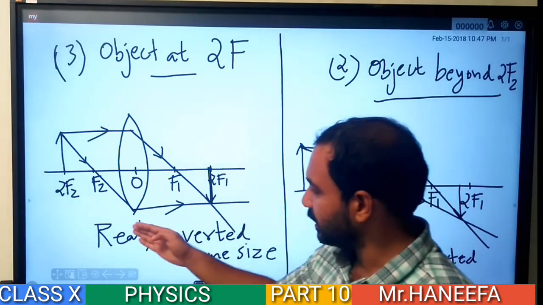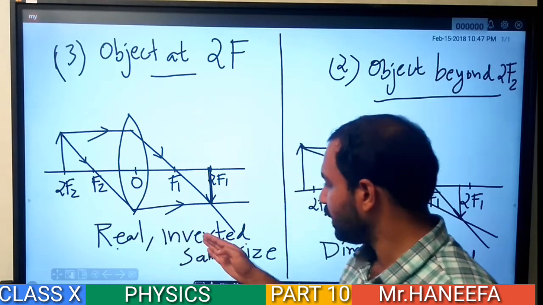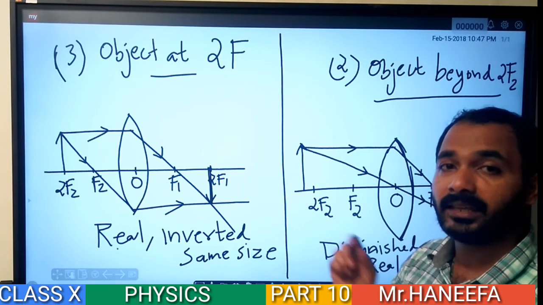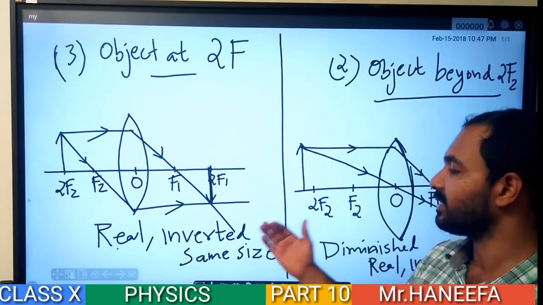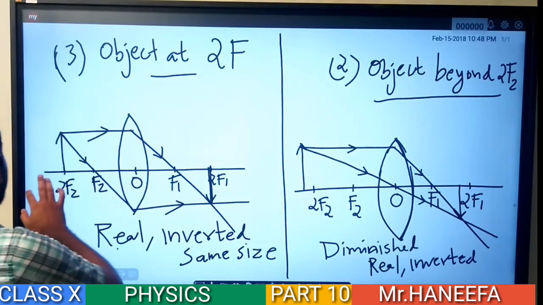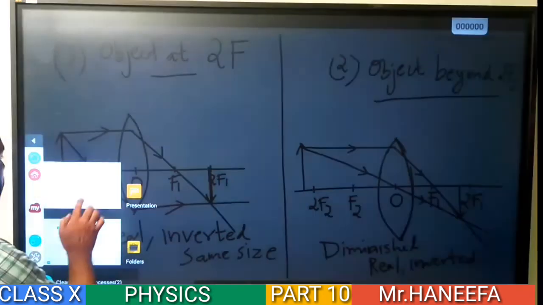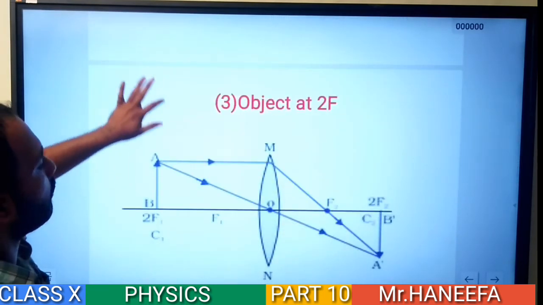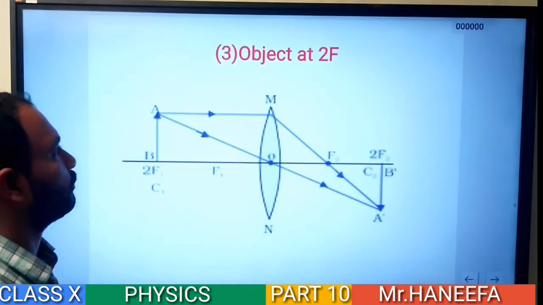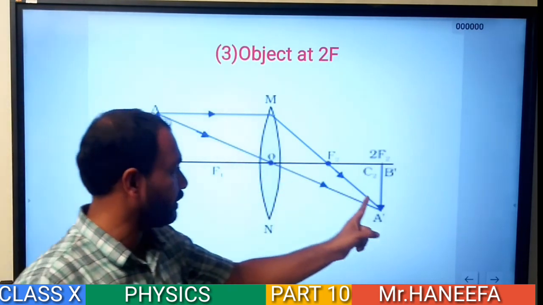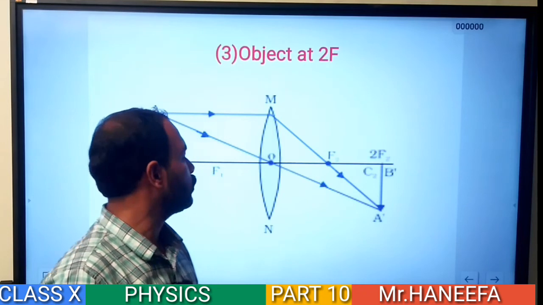Here also image is real, inverted and the size of the image is same as that of the size of the object. So, third case, object is placed at 2F, image is also formed at 2F.